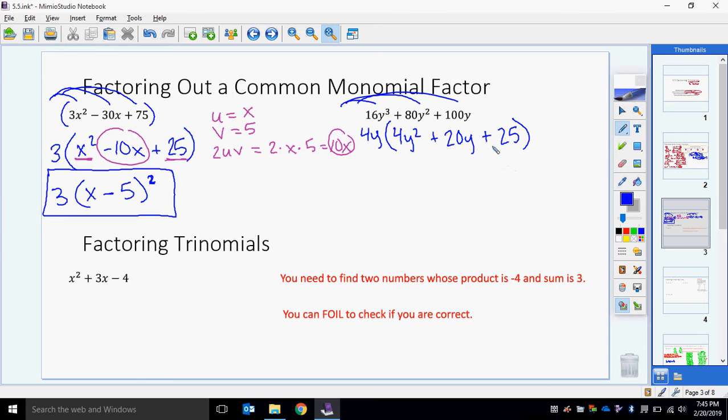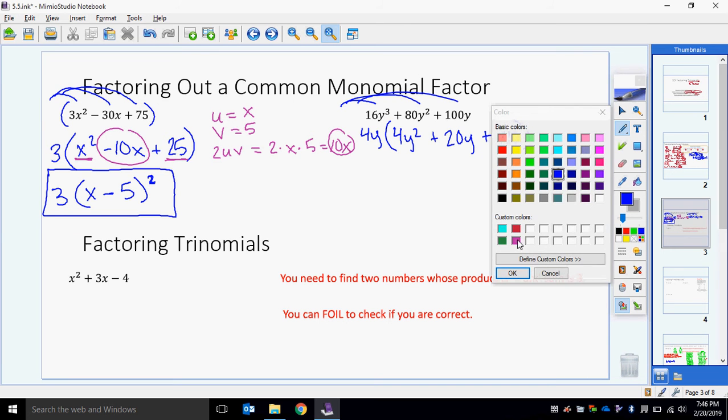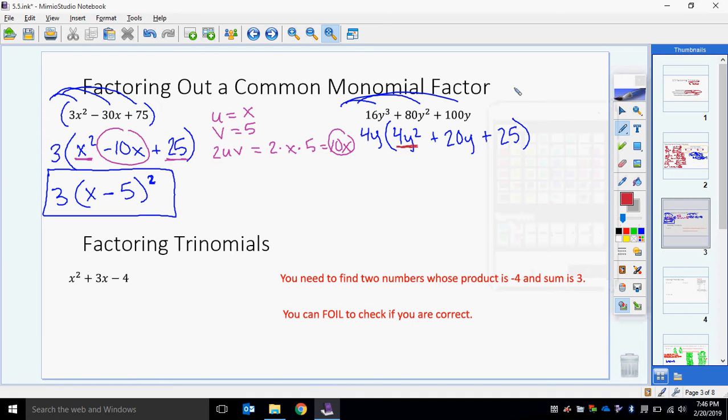Okay, so now I want to look and see in my parentheses, is this a perfect square trinomial? So I'm going to check. The first and the last term, are they squares? Well, if I squared the number 2 and the letter y, I'd get 4y squared. And if I squared the number 5, I'd get 25.